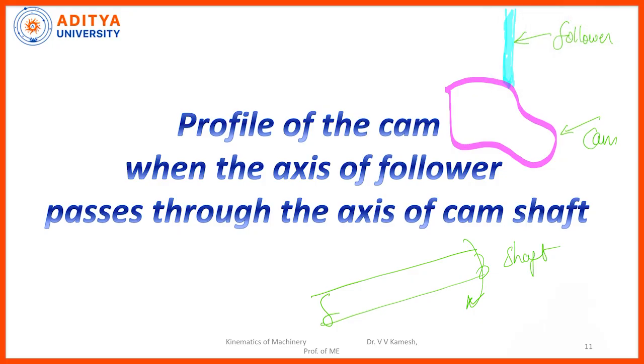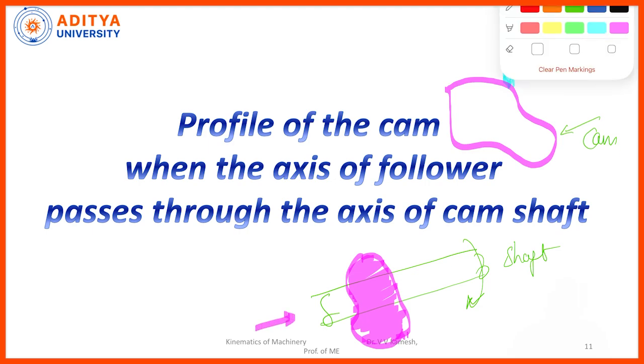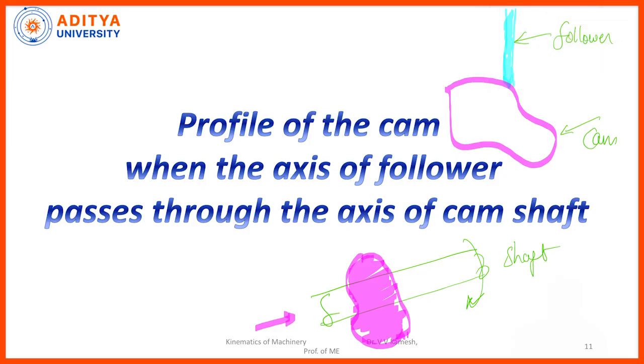Suppose I am mounting like this, let it be, right. If I am seeing from this side, how is it looking? There is a shaft centrally, on this the cam will be mounted. So, the cam will be looking like this.